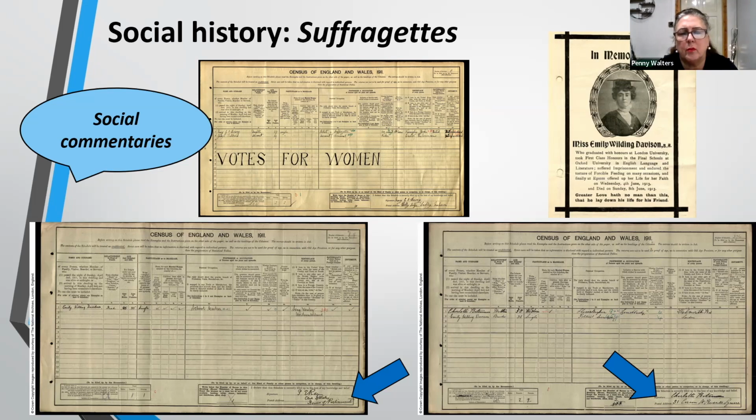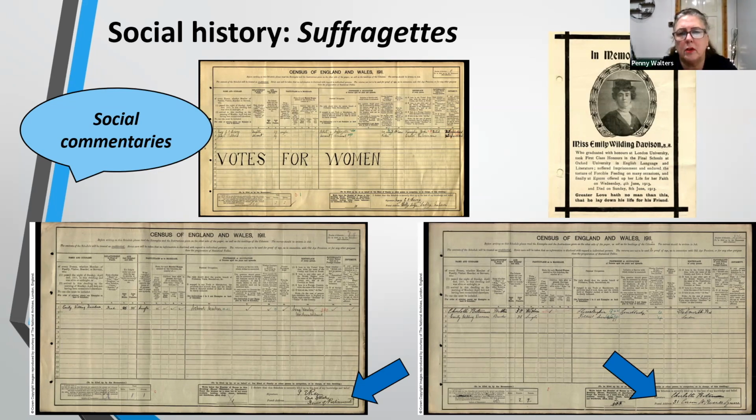So a lot of women sabotaged or wrote on the census, and in some instances, husbands or fathers would also write. So we can see here somebody who's written some graffiti or sabotaged this census, and basically votes for women is written all across the middle.